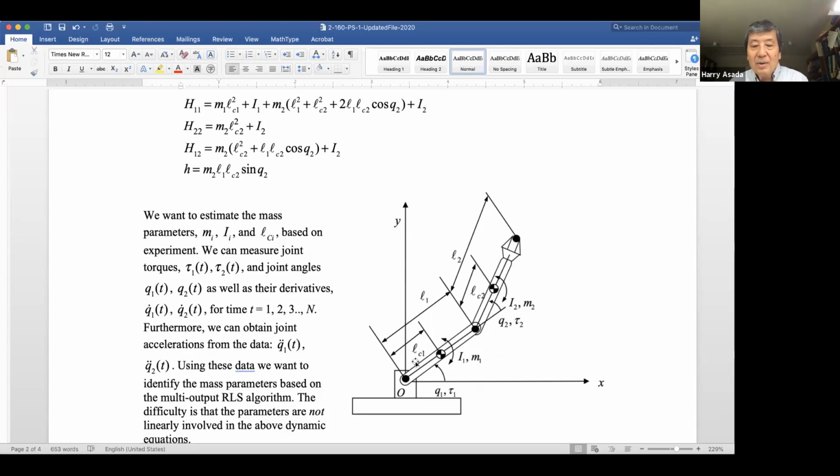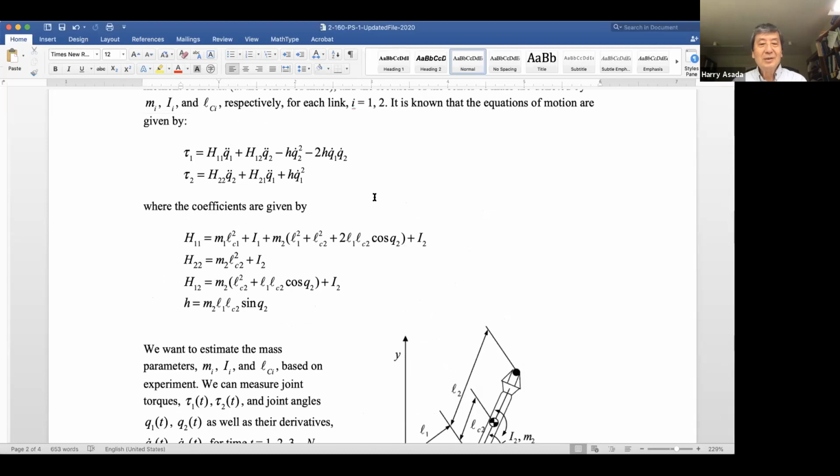The torque generated by actuator 1 is tau 1, and the torque generated by actuator 2 is tau 2. So how are they related? It's related by these two equations of motion. Here, H11, H12 are inertial matrix components as shown here, which are functions of many mass parameters, such as the masses m1, m2, and the moments of inertia I1, I2.